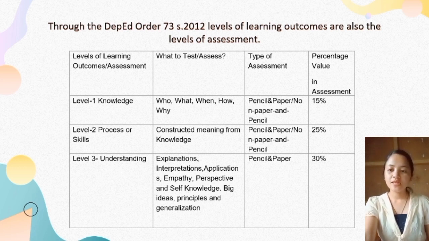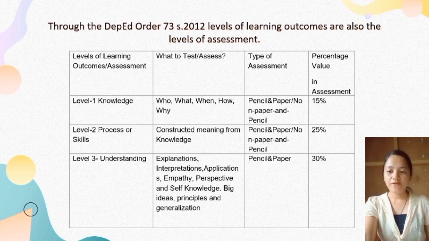The second level is process or skills. You are testing or assessing your learner about constructed meaning from knowledge. The type of assessment is a paper and pencil test or non-paper and pencil test, and the percentage value in this assessment is 25%.